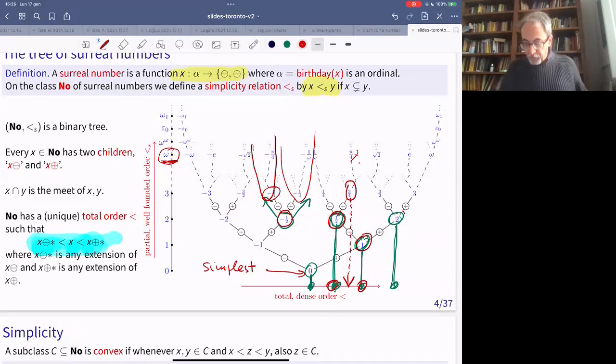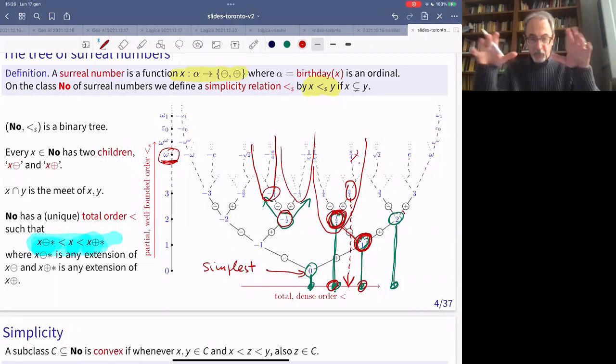Because 3/4 is bigger than 1/2 because it's the right child of 1/2, but is smaller than 1 because it's a descendant of the left child. So for 1/2, everything here is on the left. So I guess you got the picture. Please feel free to ask questions.